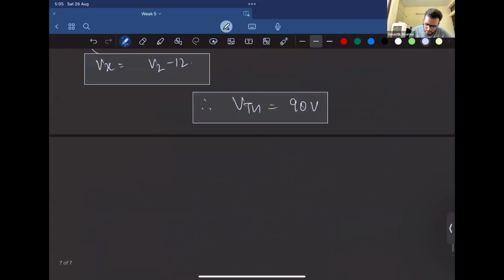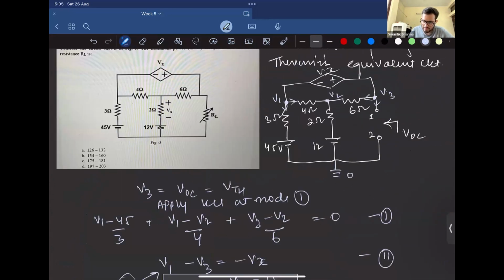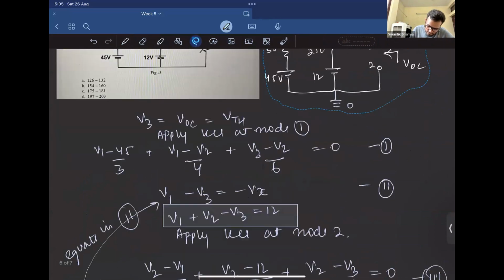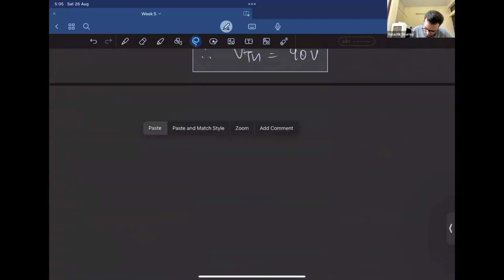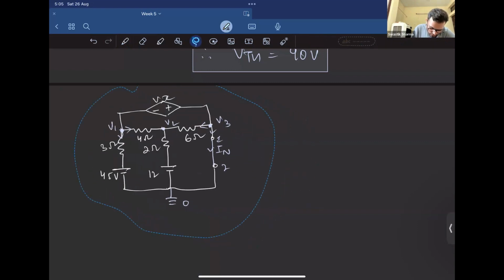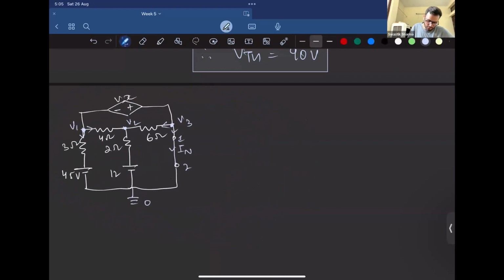For RTH, what we can do is take the same circuit and just calculate the Norton current. For Norton current, we short circuit that terminal. Since the equations are somewhat similar, again supernode.